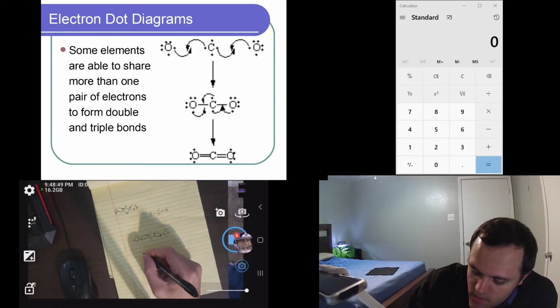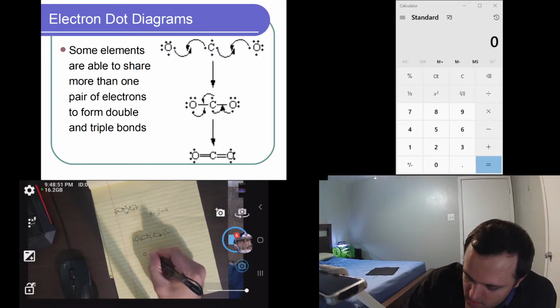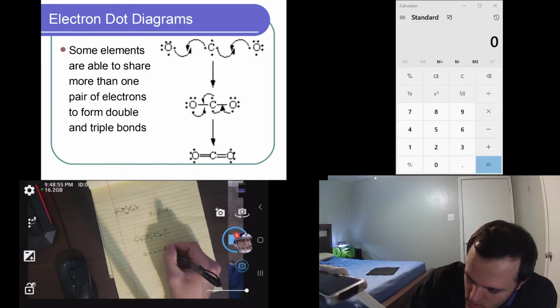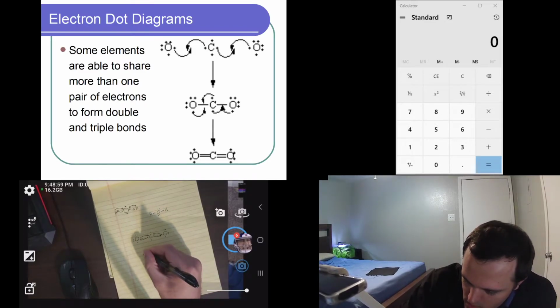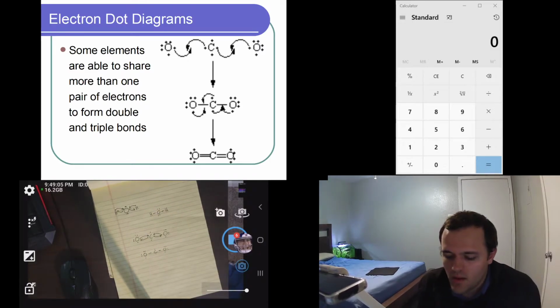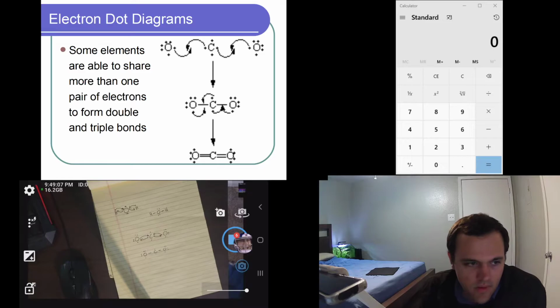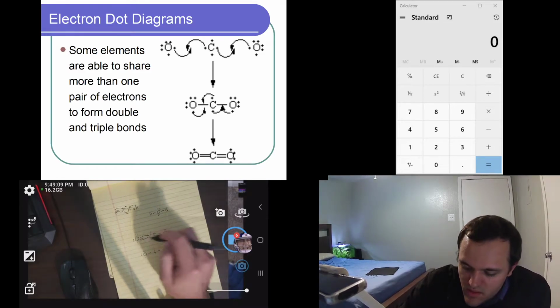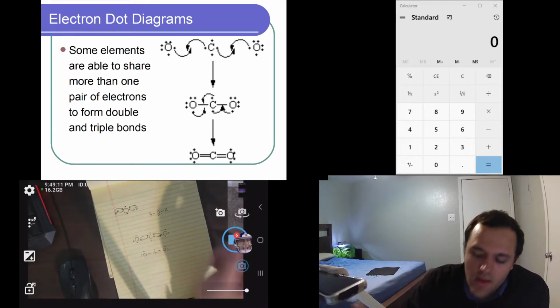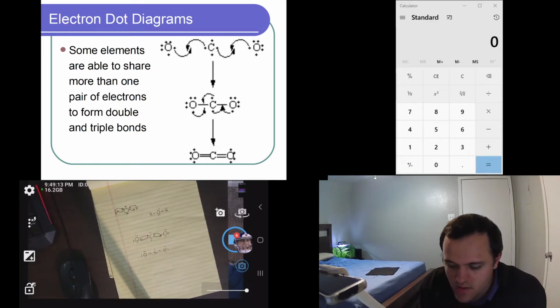And if we rewrote this, it would look like this. Instead of having these electrons here in the middle between the two, they've been turned into bonds and shared.